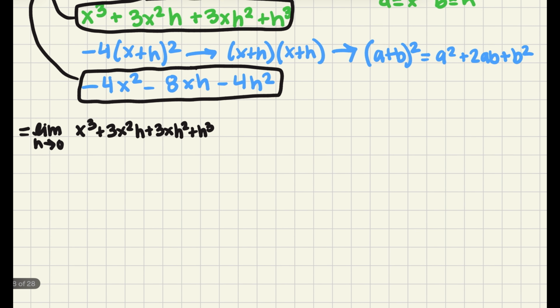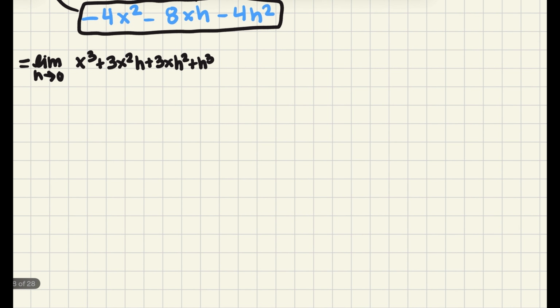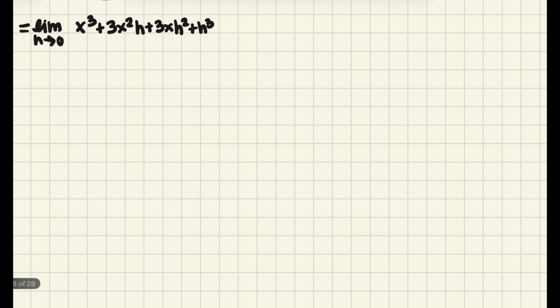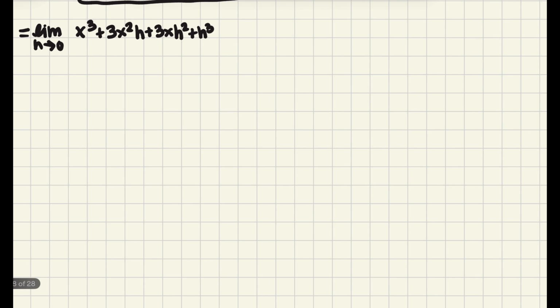Remember, that's exactly what we got for our answer up here in green. So now for the one in blue, we're just going to plug that in as well. So we'll have minus 4x squared minus 8xh minus 4h squared.